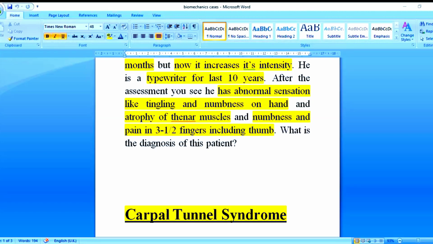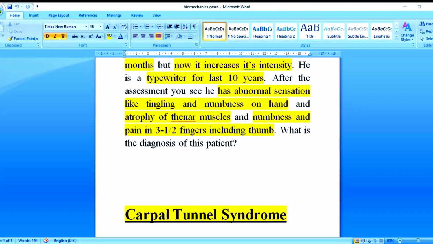Because of inflammation, blood accumulation, swelling, trauma, overuse, or anything that causes the median nerve to compress in the carpal tunnel region, we get carpal tunnel syndrome.